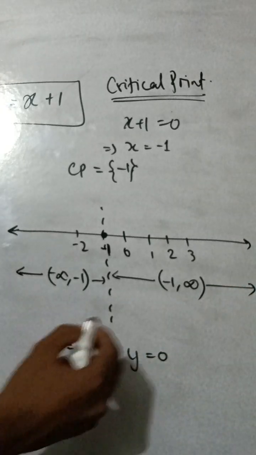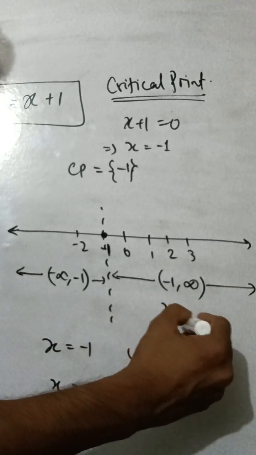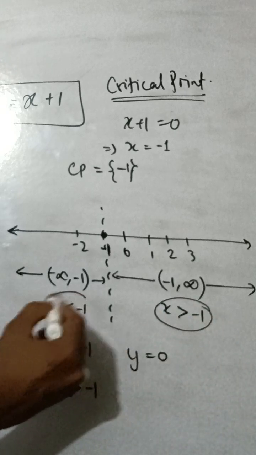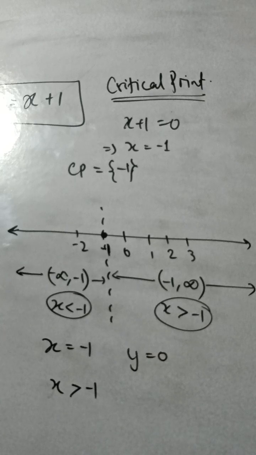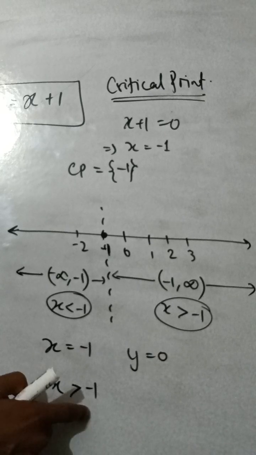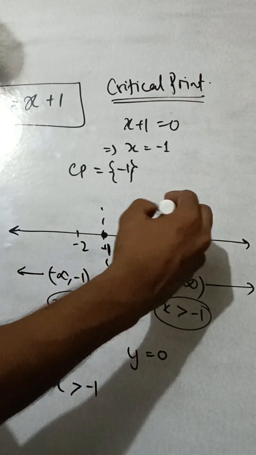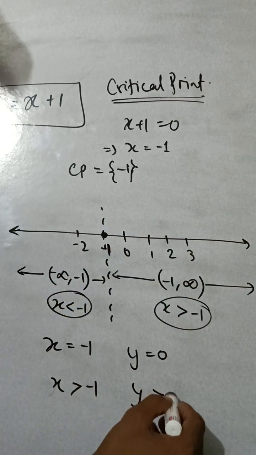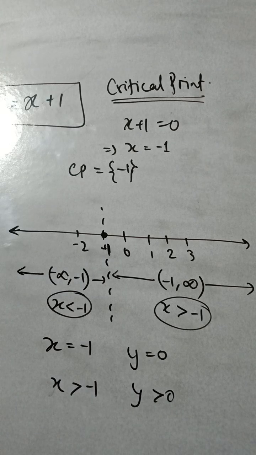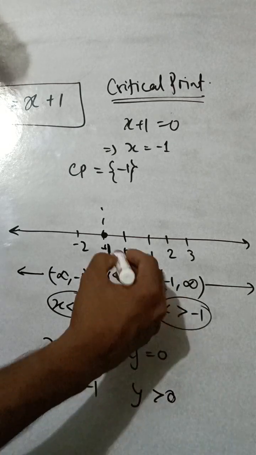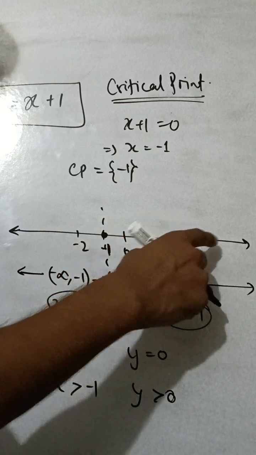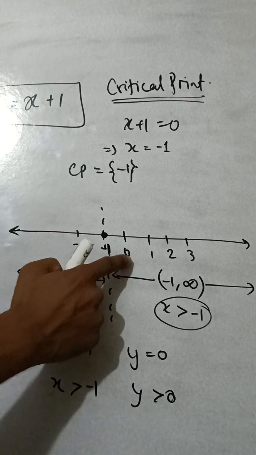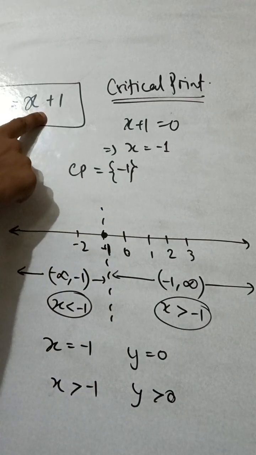This region can also be said as x is greater than minus 1, and this region can be termed as x is less than minus 1. Whenever x is greater than minus 1, our y will be positive. Why? Because if we take any value of x from this region, suppose x is 0, then x plus 1 will be positive.